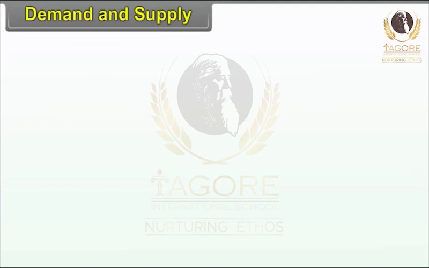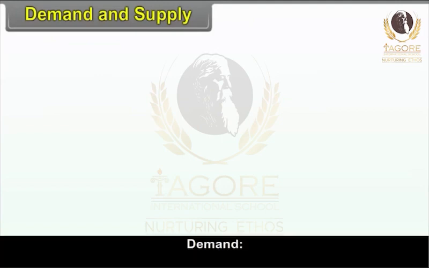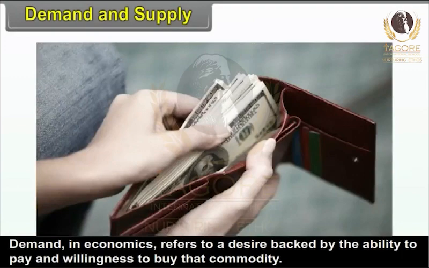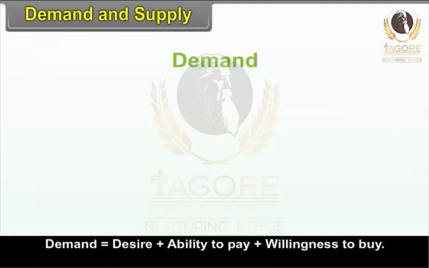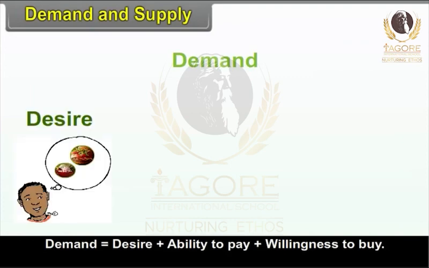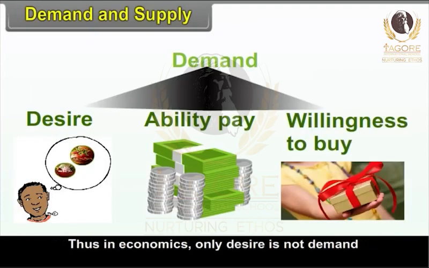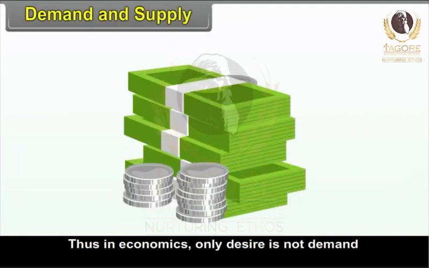2.6 Demand and supply. Demand. Demand in economics refers to a desire backed by the ability to pay and willingness to buy that commodity. Demand is equal to desire plus ability to pay plus willingness to buy. Thus, in economics, only desire is not demand.